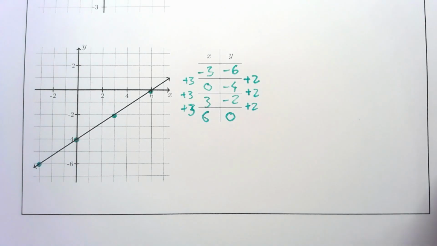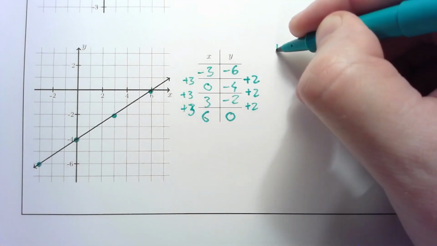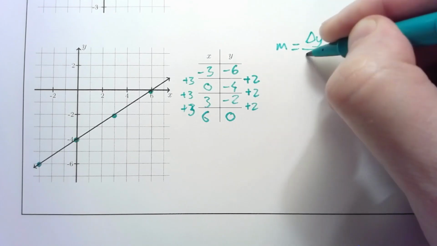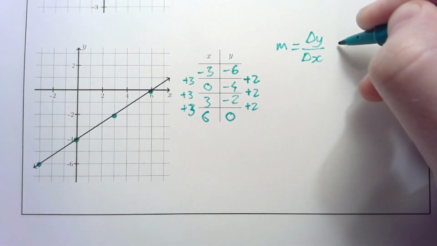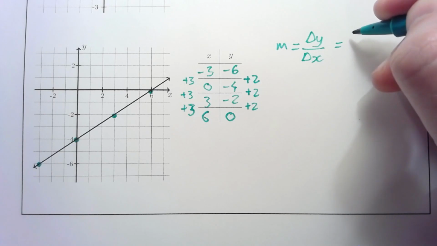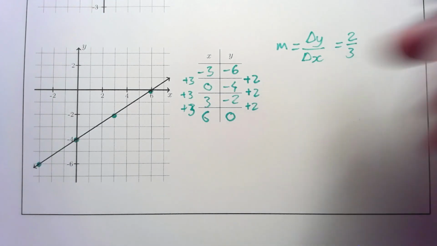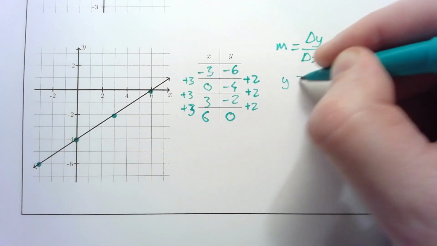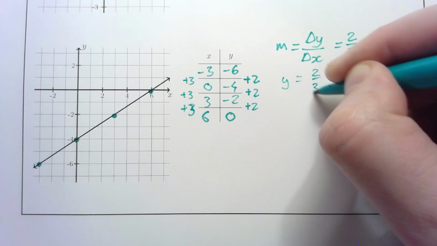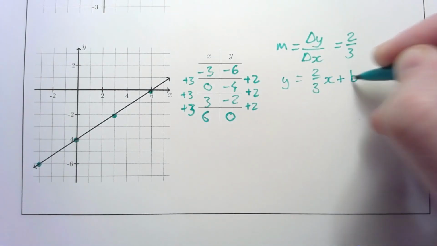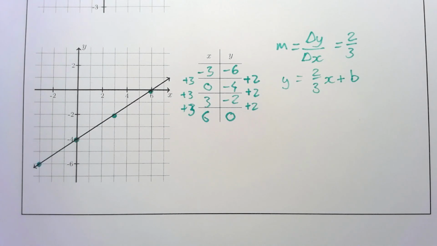Then we're adding 2. So the rate of change, m, is equal to delta y divided by delta x, which in this case is 2 divided by 3, or 2/3, because this isn't going to simplify. So y is 2/3 of x plus some number that we don't know yet.